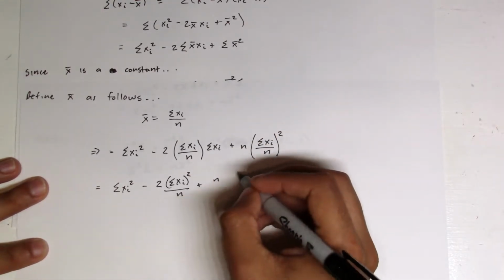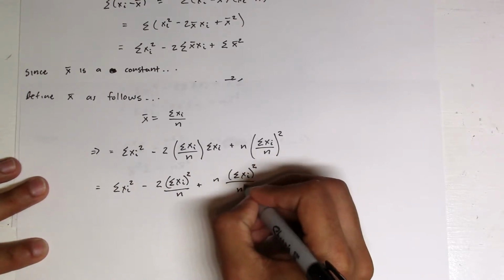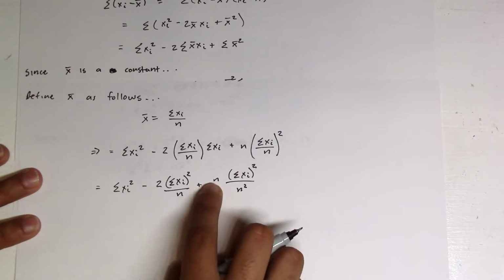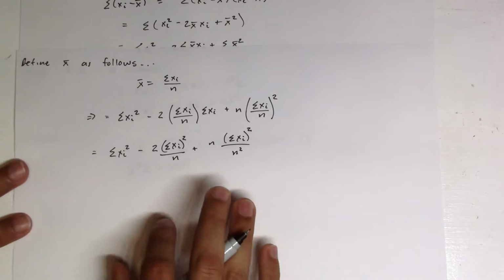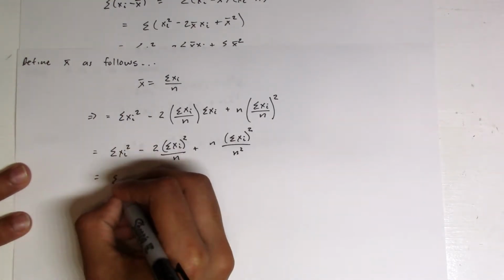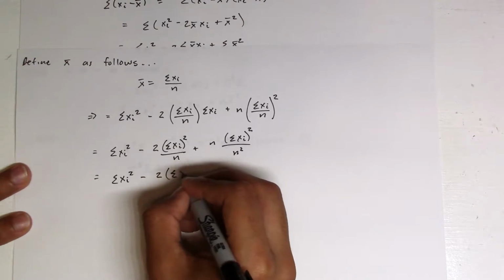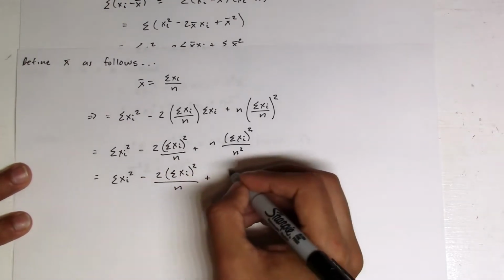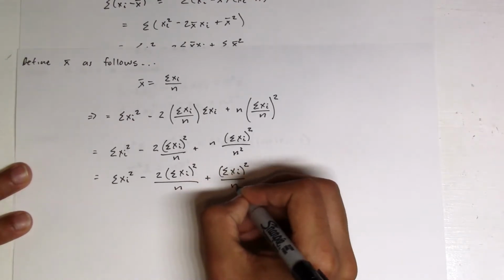So we have n times the sum of xi, quantity squared, over n squared. What's nice is that this n cancels out with one of the n's in the denominator. So we can rewrite this as the sum of xi squared minus 2 times the sum of xi quantity squared over n, plus the sum of xi quantity squared over n.